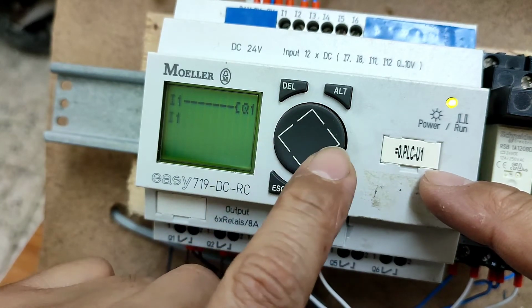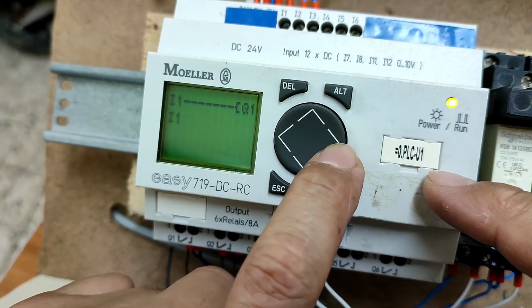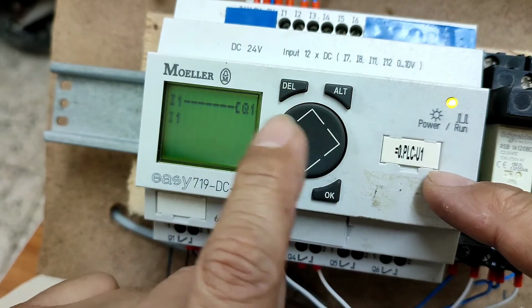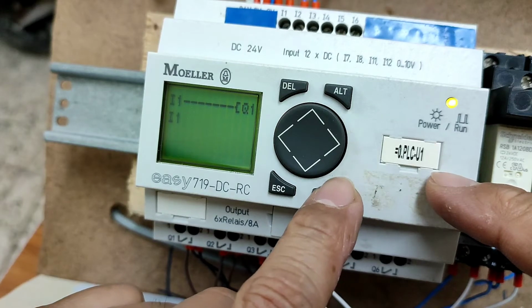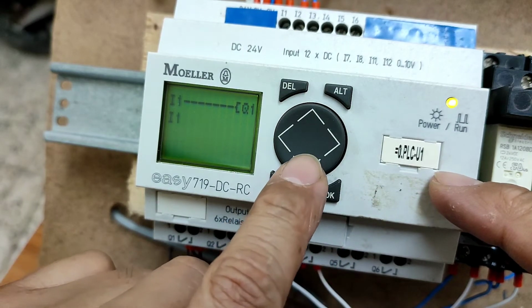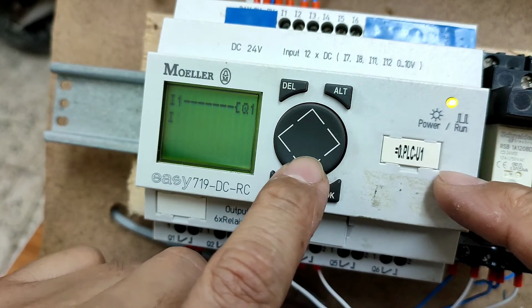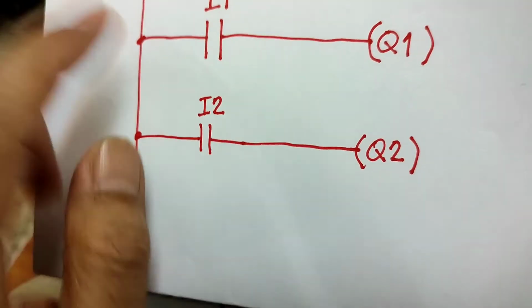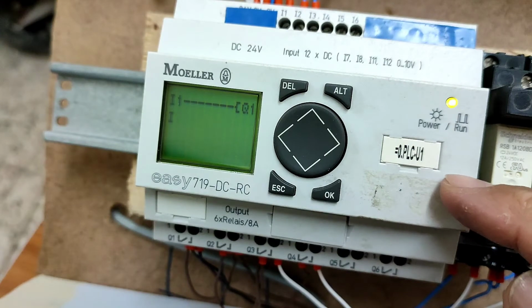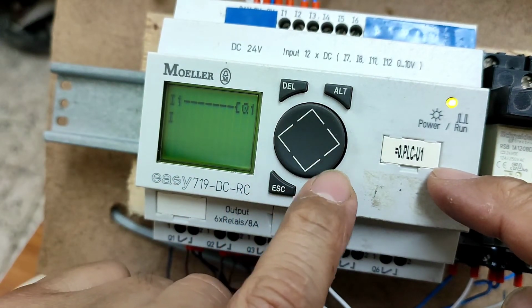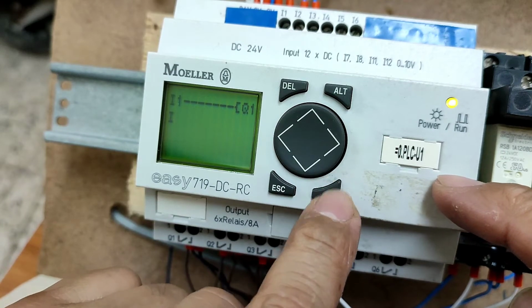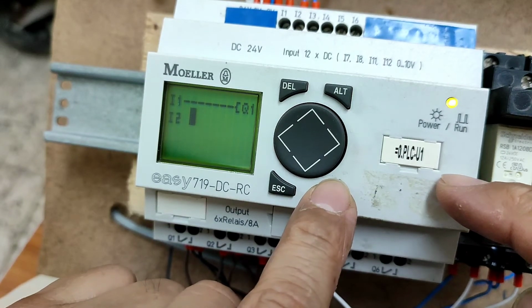Since I will use the letter I, I will just leave it like that. I will press the right arrow key. The blinking will transfer to the numeral, which is 1. Since I need input 2, I will press the up arrow key to increment the value from 1 to 2. If I press OK, the cursor is back.